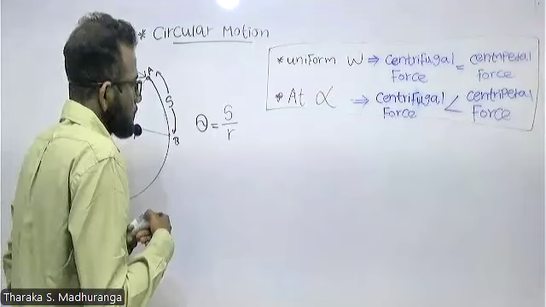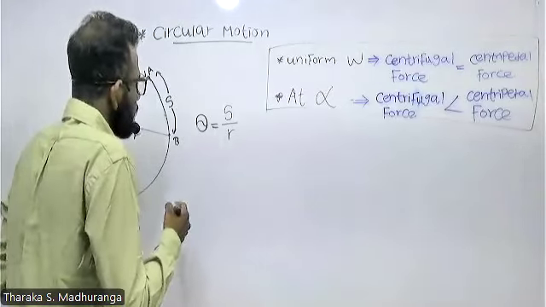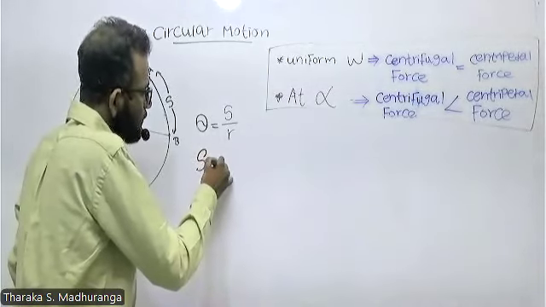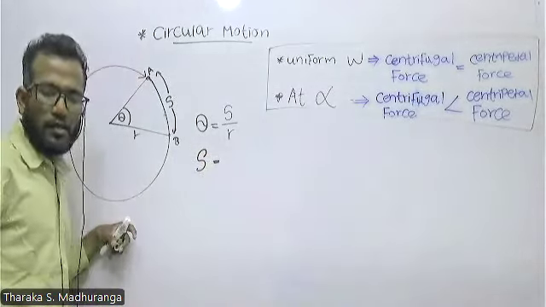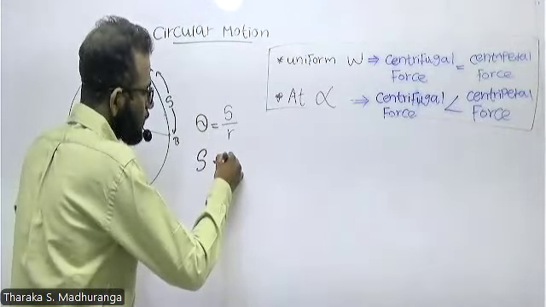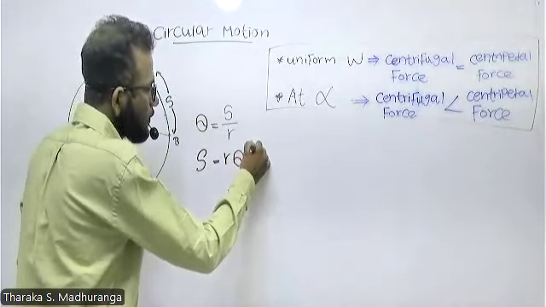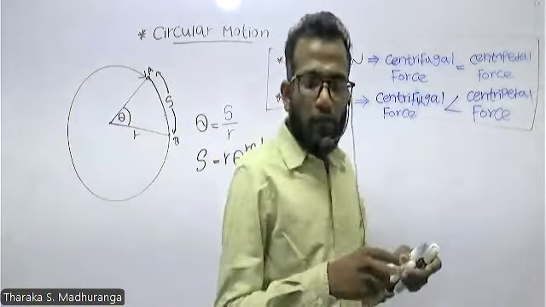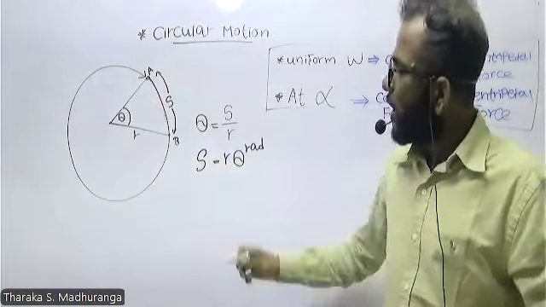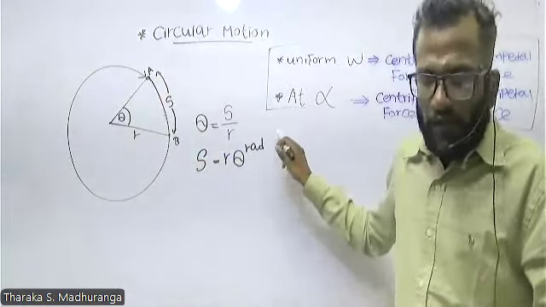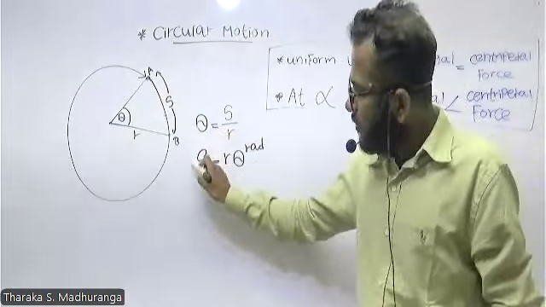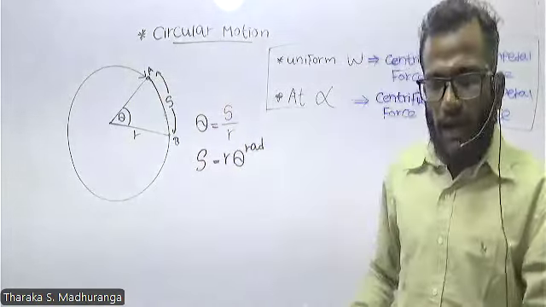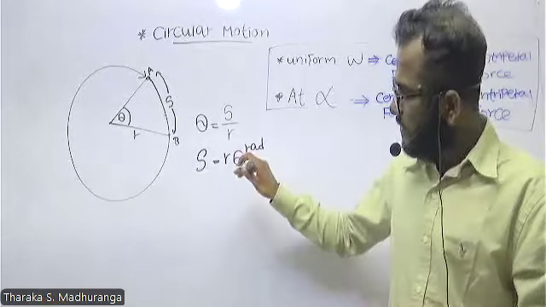Okay, then if I substitute this s, what happens? Cross multiplication, s equals r theta, where theta is in radians. I think you remember in the area and volume lesson, and also in revision, I explained that the arc length of any circle part we can get by s equals r theta with theta in radians.